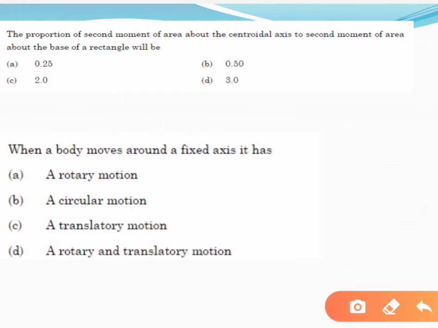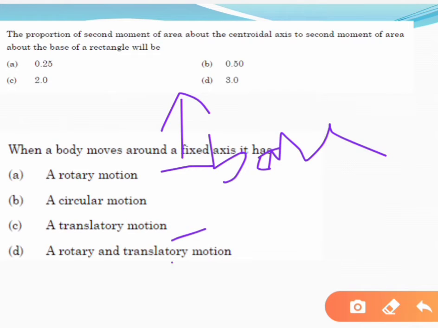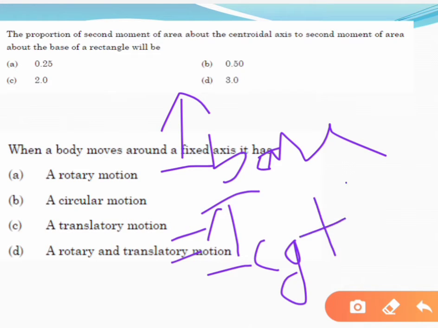Now the second moment of area about the base, I about base, will be I CG plus A into R square, as you all know from the parallel axis theorem.